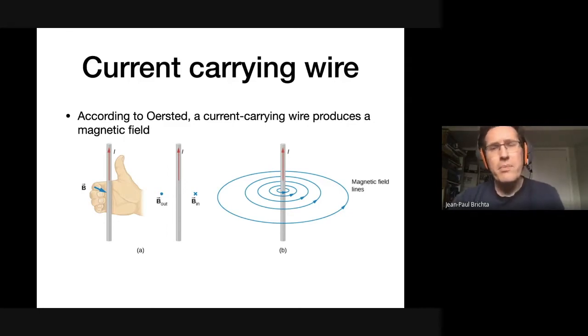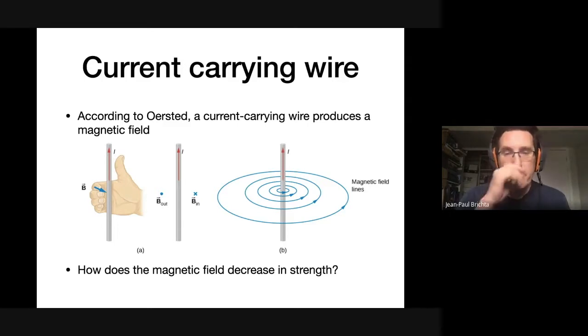The way that we draw these field lines is that they seem to be more and more separated, or at least that's the way the artist has drawn them here. So mathematically, I'm curious, maybe you're curious, about what's the relationship between the distance away from the wire and the field strength of the resultant magnetic field. So that's basically our question.